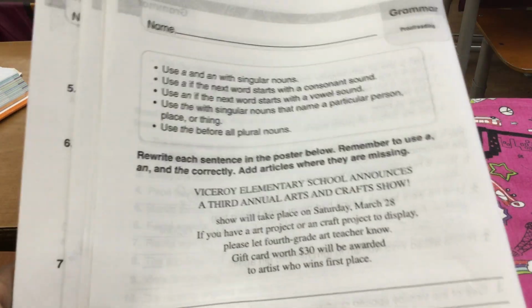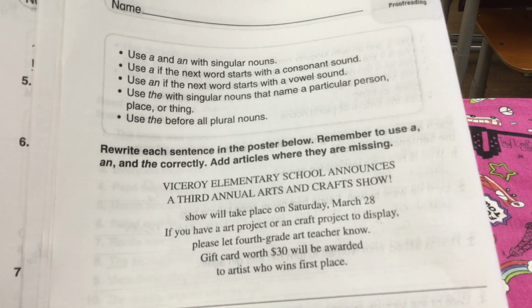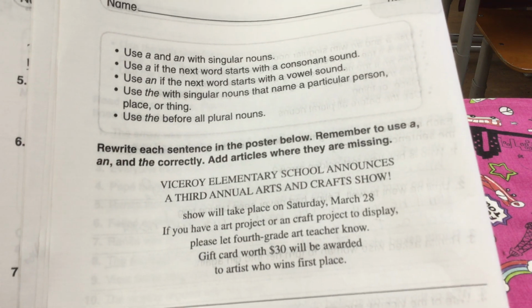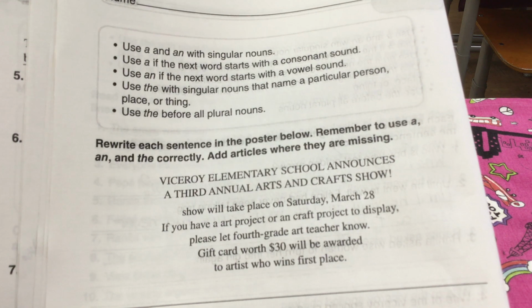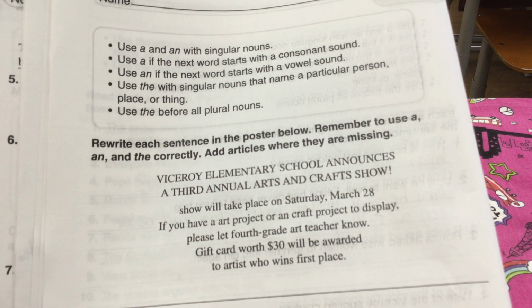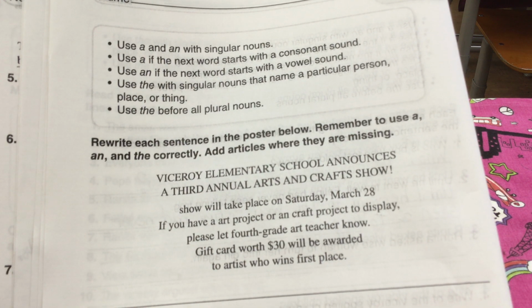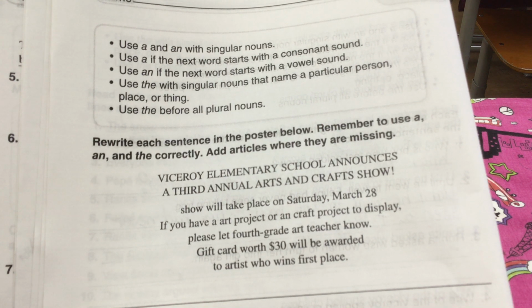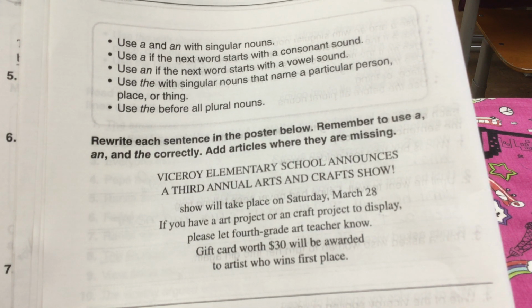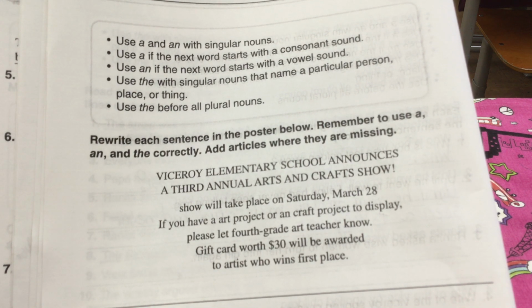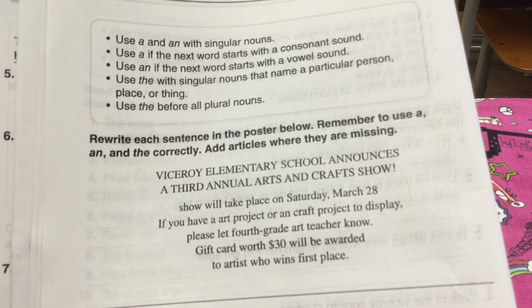For our proofreading activity, please listen and read along as I go through the points. Point 1, use a and an with singular nouns. Point 2, use a if the next word starts with a consonant sound.